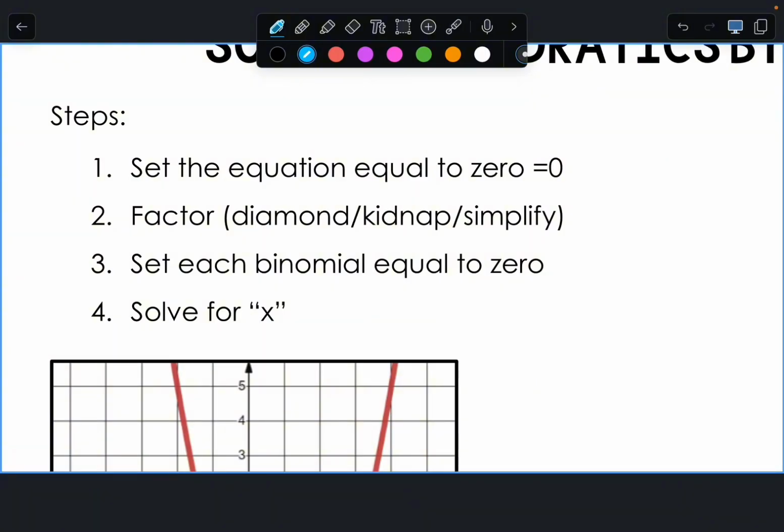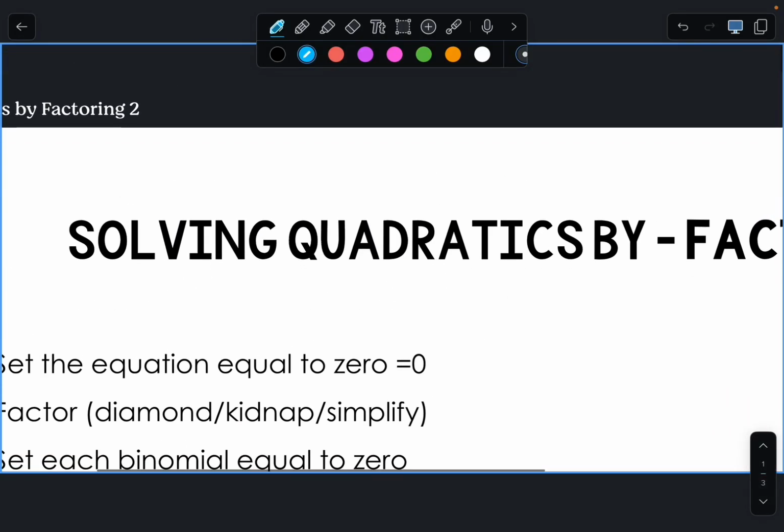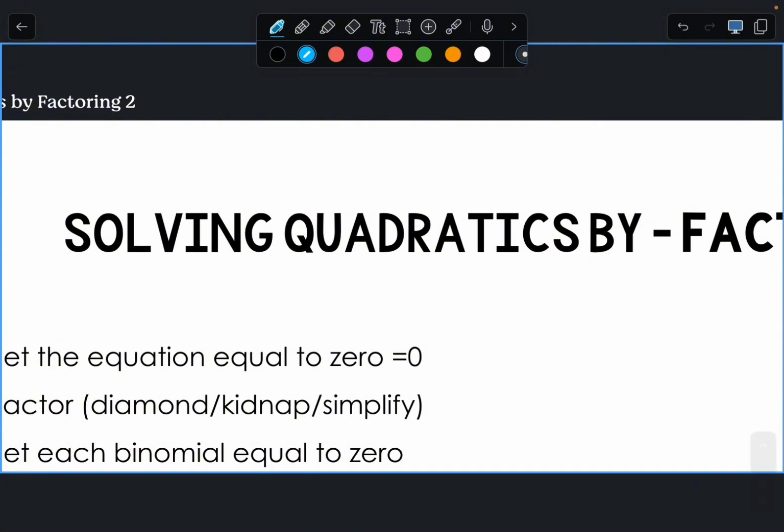We already learned how to factor, but there's an additional step whenever you solve those quadratics. If the question is asking you to solve or find the solutions, you have to solve. Because the whole point of quadratics is to look for the x-intercepts.